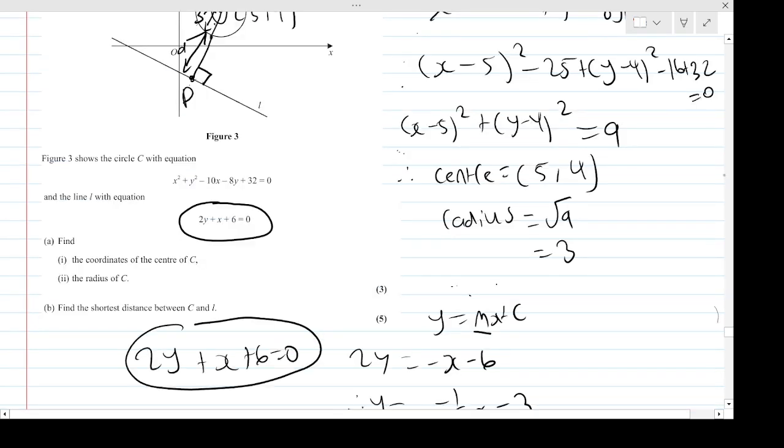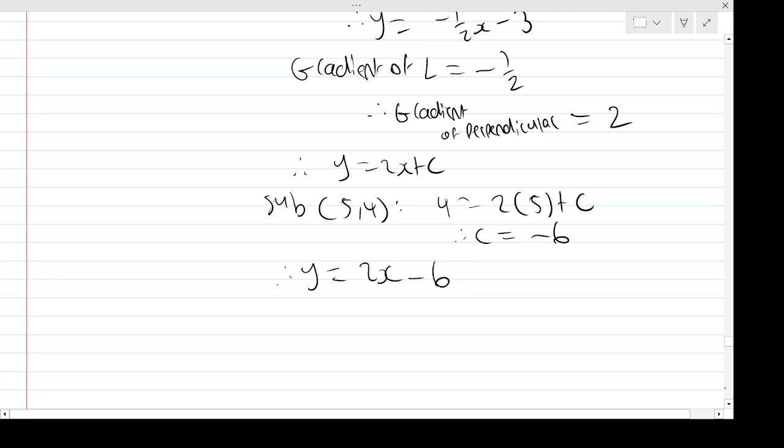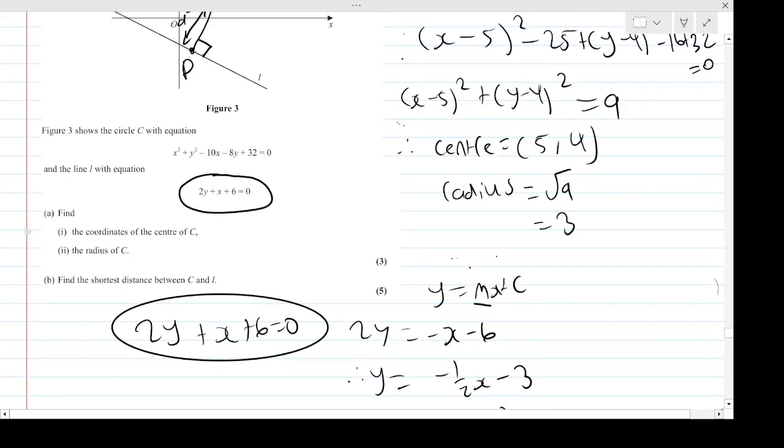Okay, well that's the equation of the perpendicular, but I also know the equation of the line L. So I can find that point P, which is over here, the intersection between that perpendicular and the line, which will then allow me to consider some distances between points. Because they're intersecting, I could substitute the circle equation, but I rearranged it quite nicely to y is minus a half x minus 3, so I could just substitute that in.